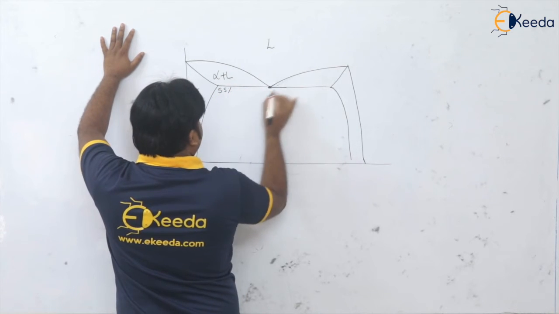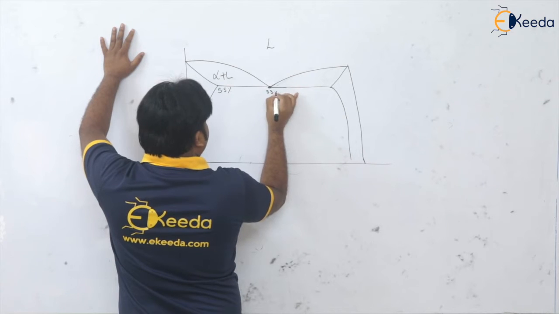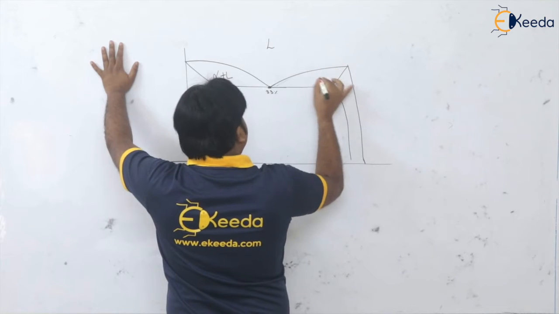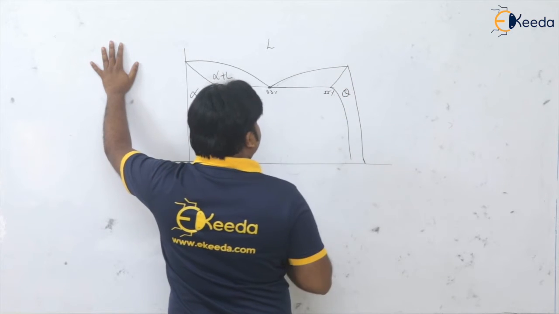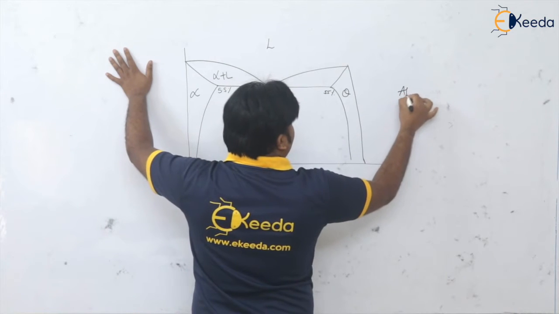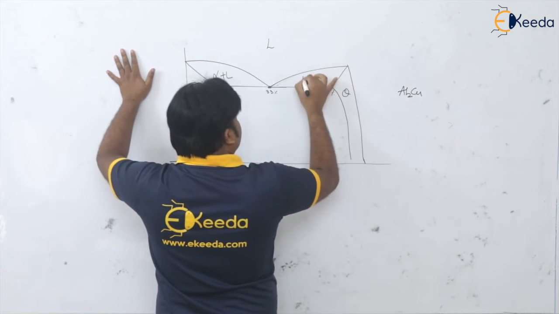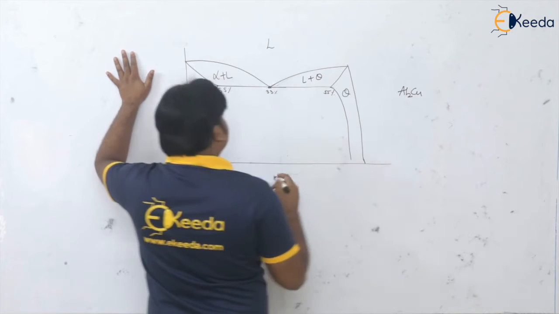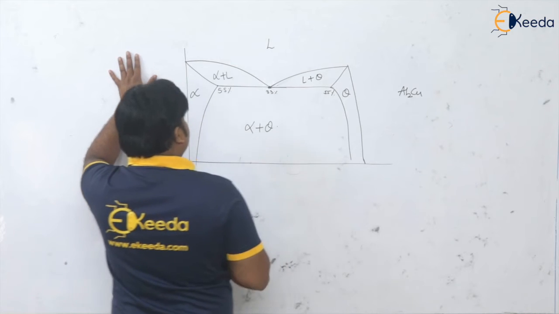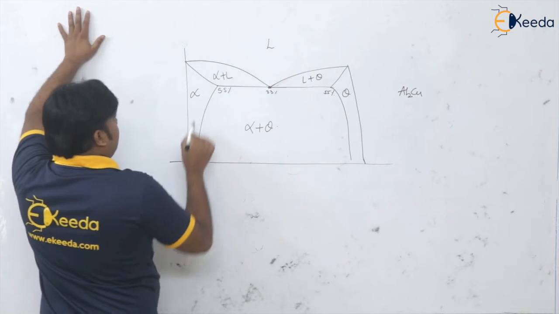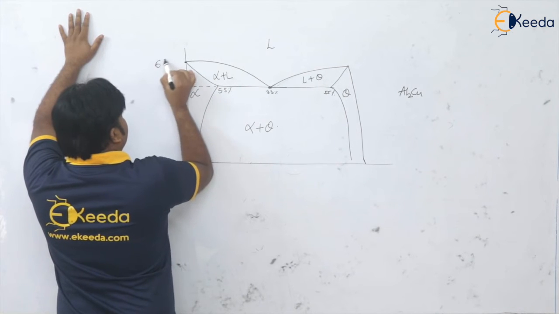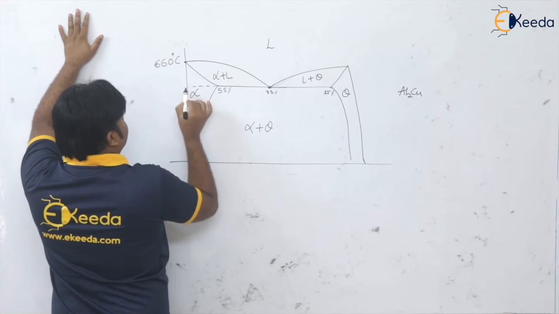Here it is 5.5%, 33%, 55%. This is the theta, that is the intermetallic compound of aluminum and copper, that is Al2Cu. This is liquid plus theta, and here we have alpha plus theta. Now this is of course the melting point of aluminum, 660 degrees centigrade.